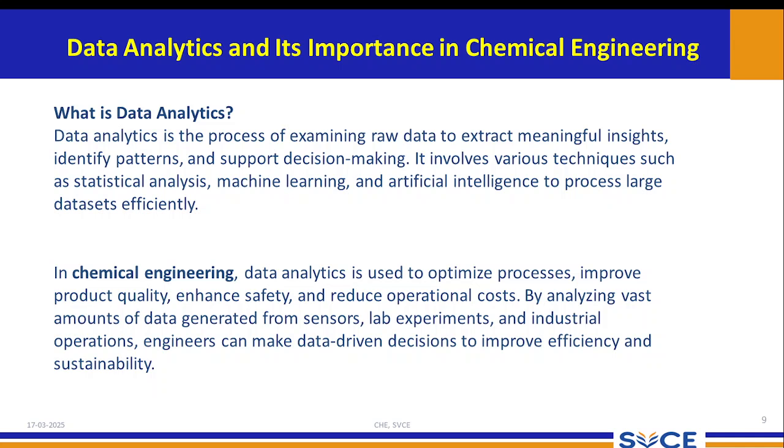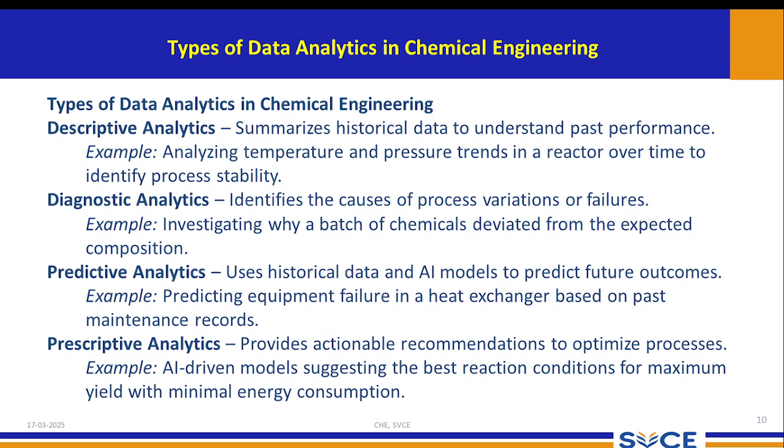In chemical engineering, data analytics is used to optimize the process, improve product quality, enhance safety, and reduce operational cost. And what are the types of data analytics? Descriptive analytics, diagnostic analytics, predictive analytics, and prescriptive analytics.